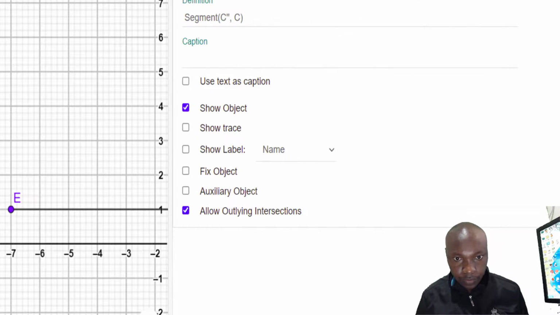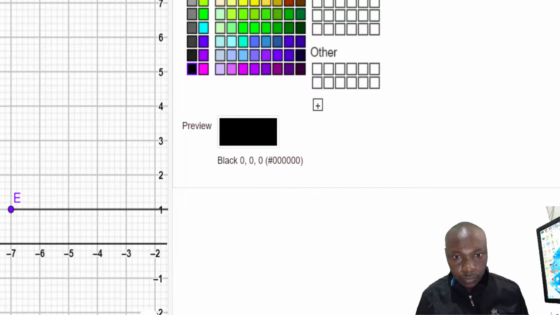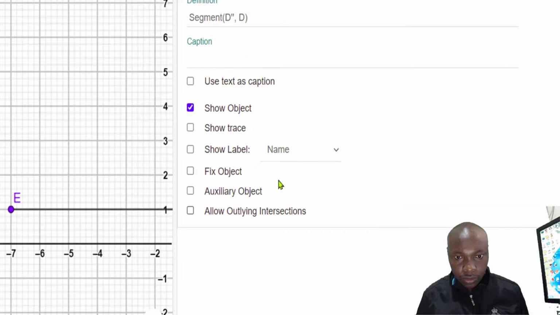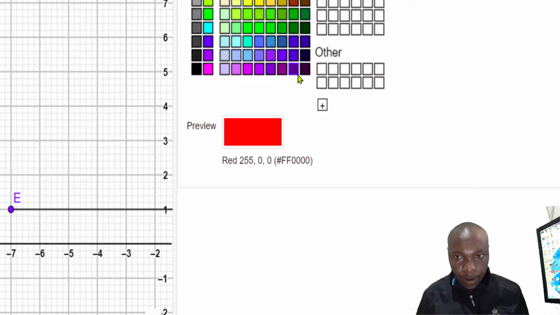I want to use a different color so that you can see the difference.